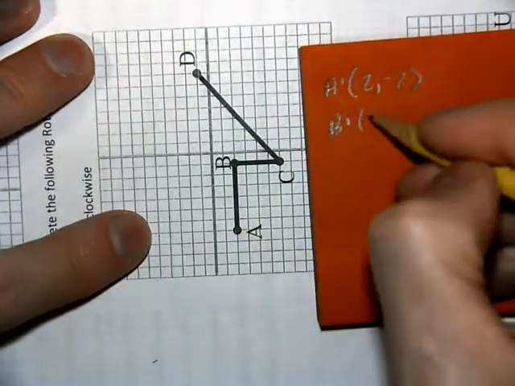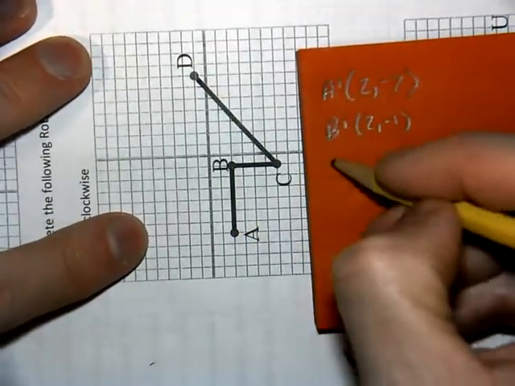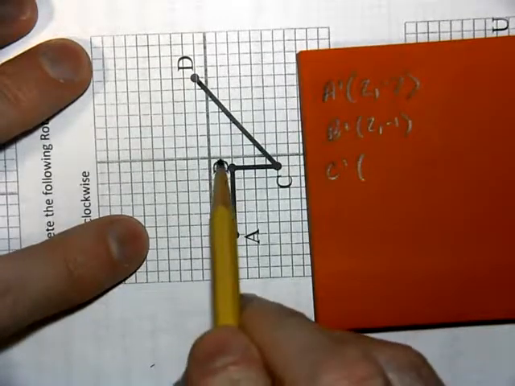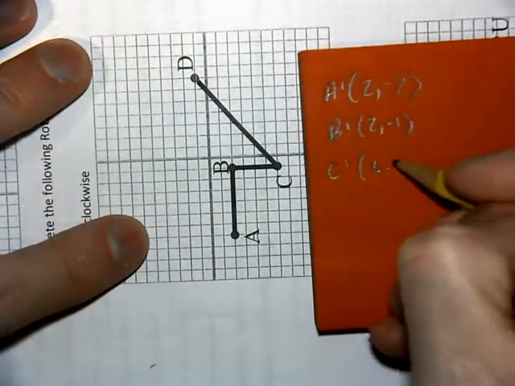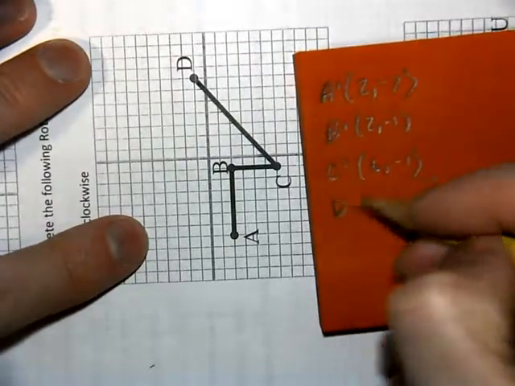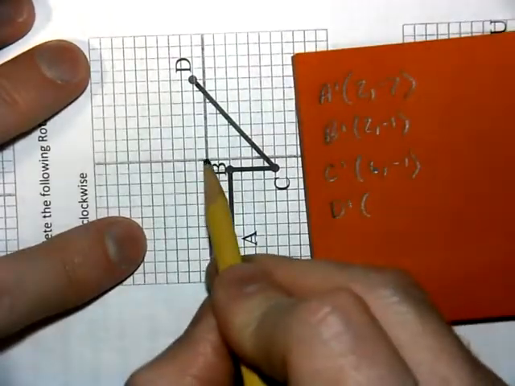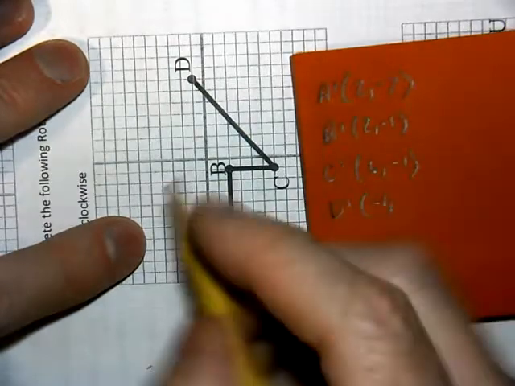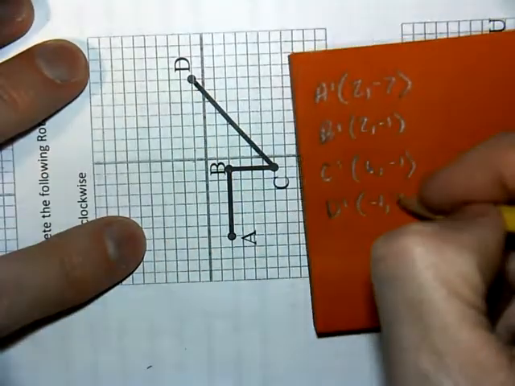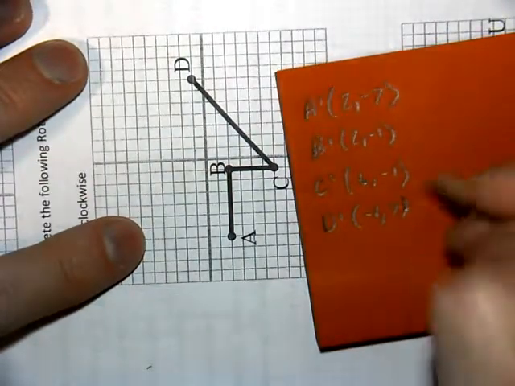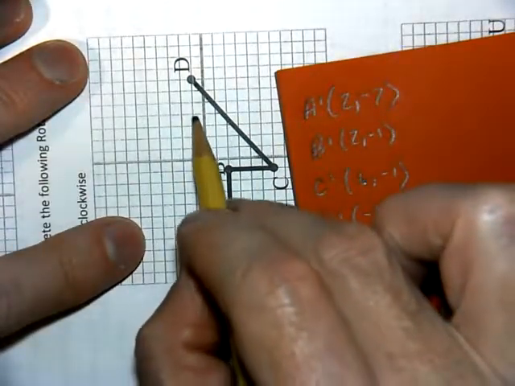B prime is going to be 2, negative 1. C prime, 6, negative 1. And D prime is negative 1, 7.